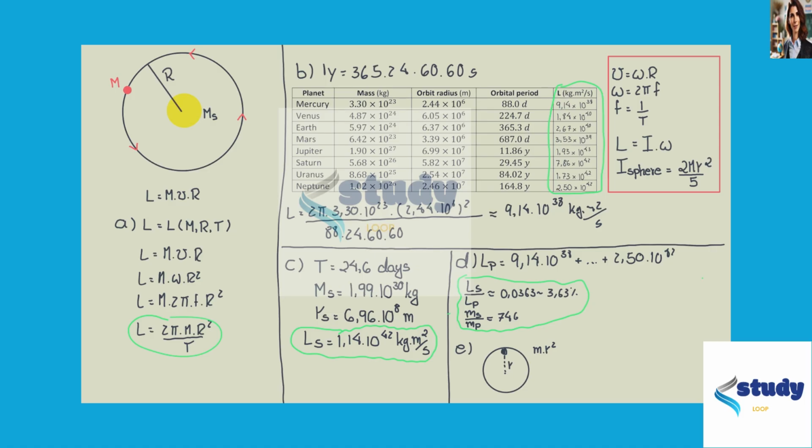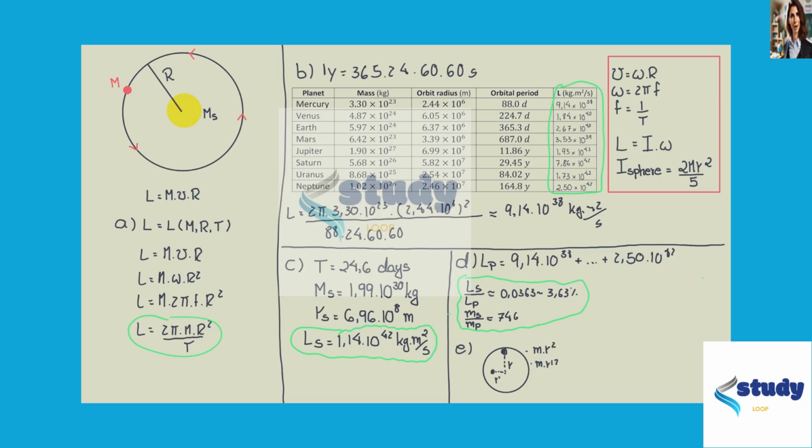Now, suppose that we have another point particle that is closer to the center at a radius, say, r prime. The moment of inertia of that second point particle is m times r prime squared. Now compare them. As you can see, r is bigger than r prime, therefore m times r squared is bigger than m times r prime squared.